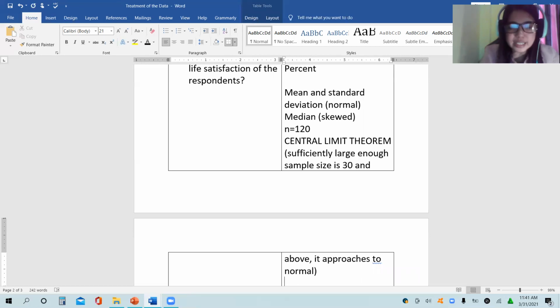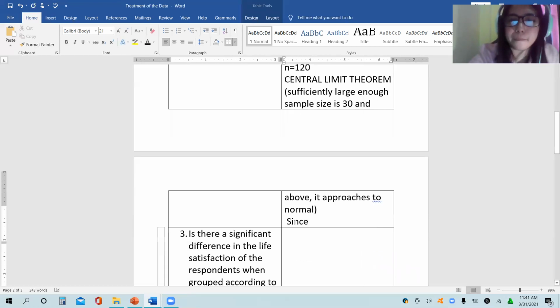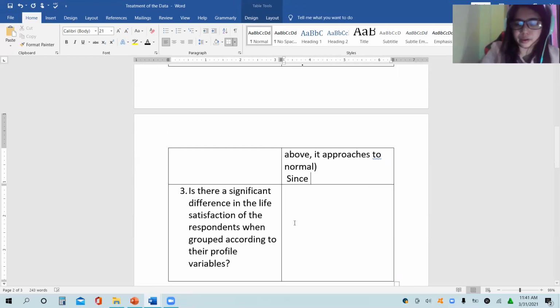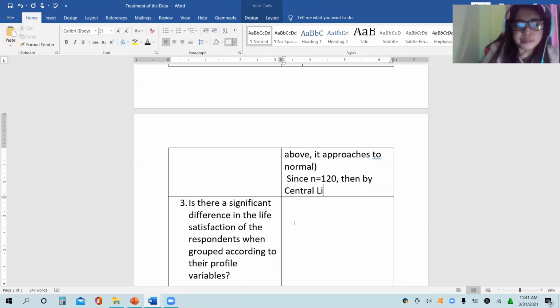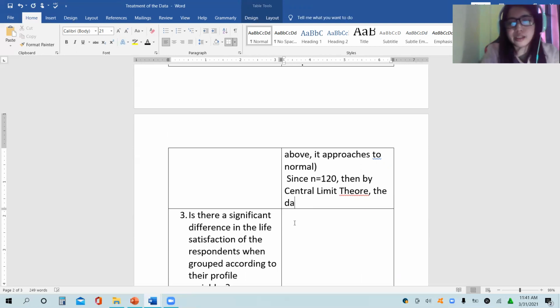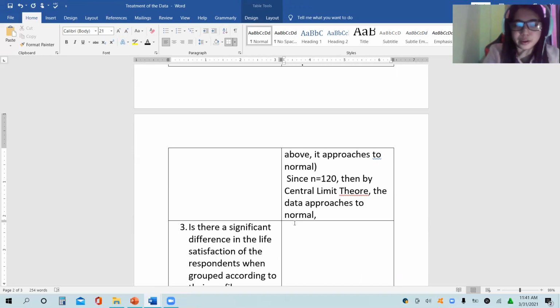Okay, so since n is 120, then by central limit theorem, the data approaches normal.